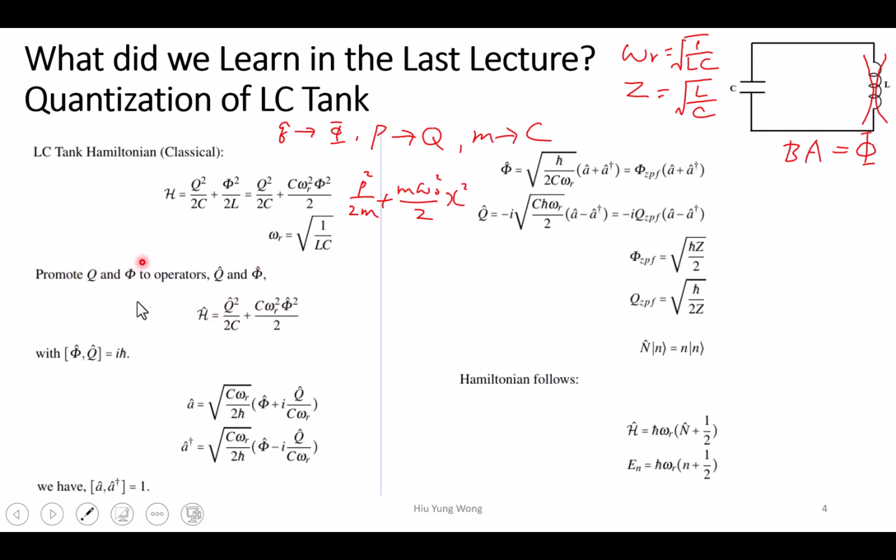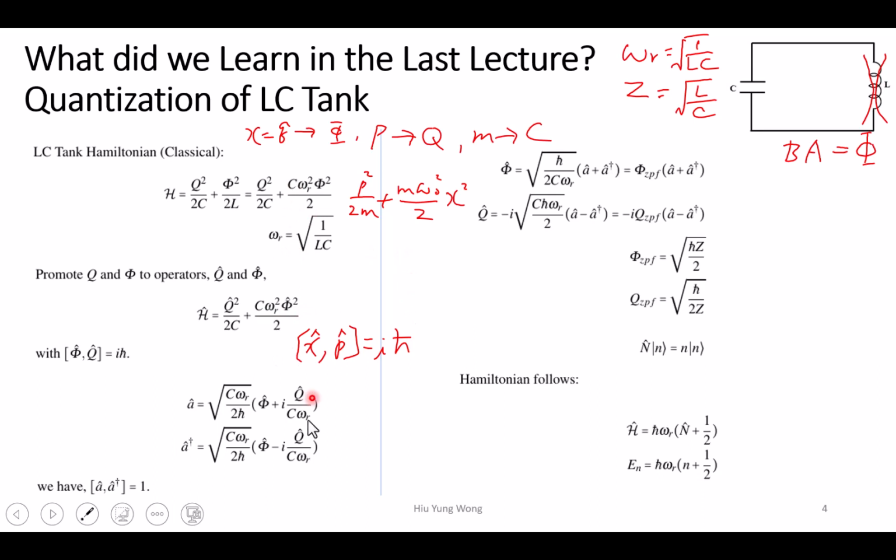We promote Q and phi to operators, Q hat and phi hat. Just like in the simple harmonic oscillator, where the commutator of x hat and p hat equals i h bar, here the small q, the location coordinate, is the flux phi, and the momentum is Q. So that's why the commutator of phi and Q equals i h bar.